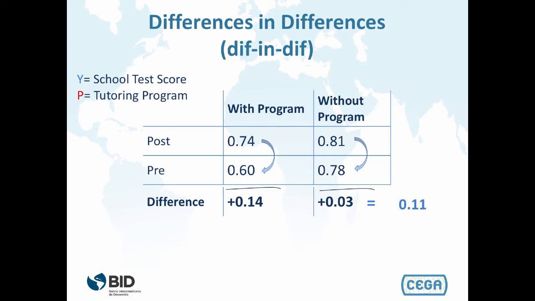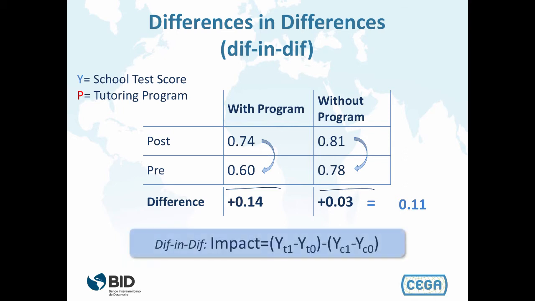And so by differencing that out, we have just the impact of the tutoring program on test scores. And so we get a difference in difference of the pre-post difference with the program minus the pre-post difference without the program.